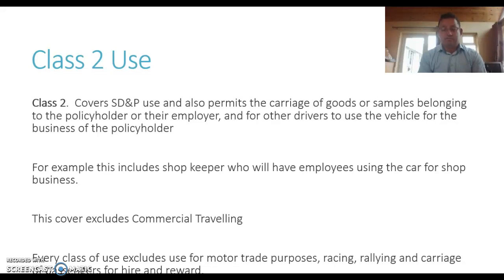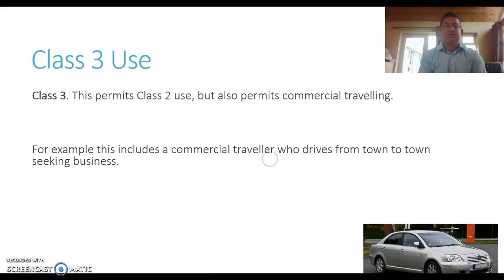So the final level of cover that we're going to deal with is Class 3 use. Class 3 is the highest exposure. It provides the cover that we've set out in Class 2, but it also permits commercial travelling. For example, this includes a commercial traveller who might drive from town to town seeking business.